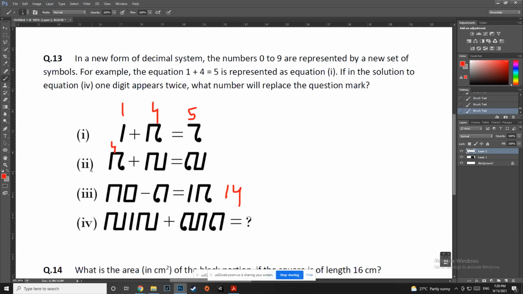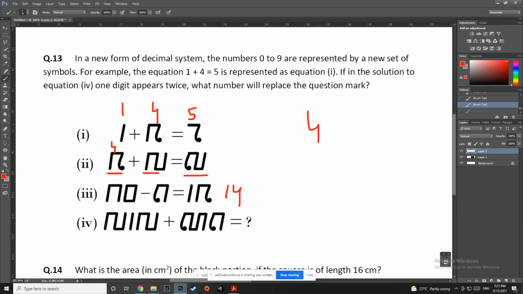Good find. Because of this, we know that 4 plus something should be equal to something, right? Whatever we are adding to 4 should not give us a double digit answer, because this is only a single digit that we're getting.